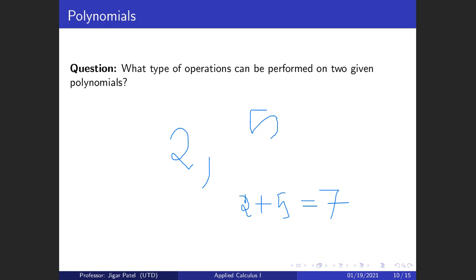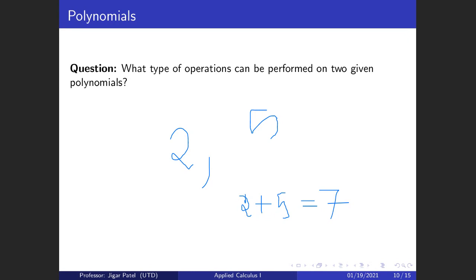The question is this: if I give you two polynomials, would you be able to add them, subtract them, multiply them, and divide them to get a brand new polynomial as a result? Understand that we are trying to create a theory parallel to the theory of numbers. This theory of numbers is very well known to us.